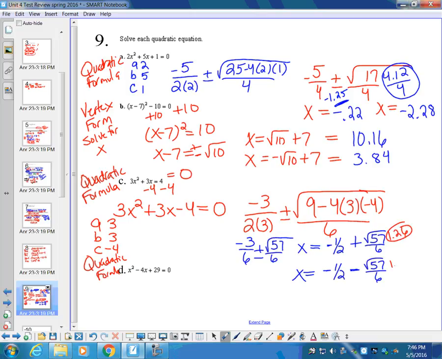Okay, 1.26 is what I get when I divide that on my calculator. Now if I do negative 1/2 plus 1.26, let's see, negative 0.5 plus 1.26, I get 0.76.